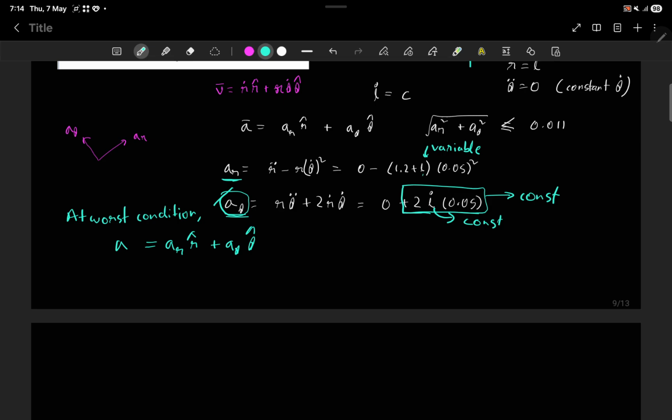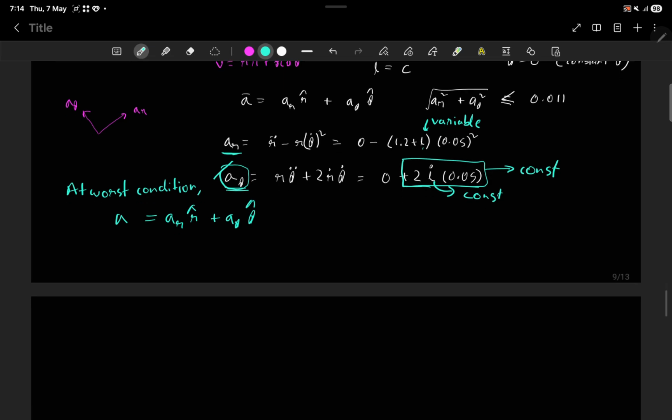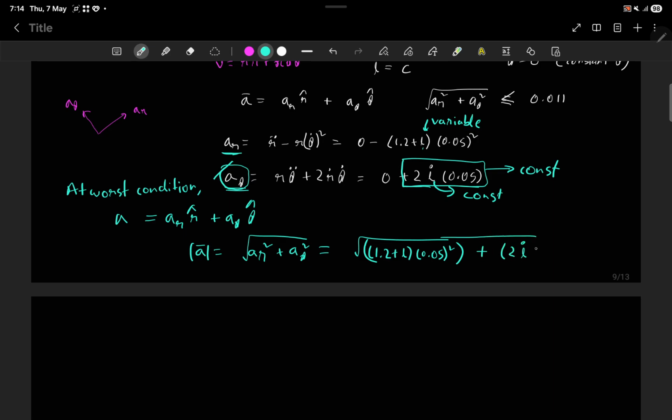So when will I have the maximum acceleration? I have to check the magnitude, right? So square root of A_r square plus A_theta square, where A_r equals to 1.2 plus L into 0.05 square, plus 2 L dot into 0.05 square.